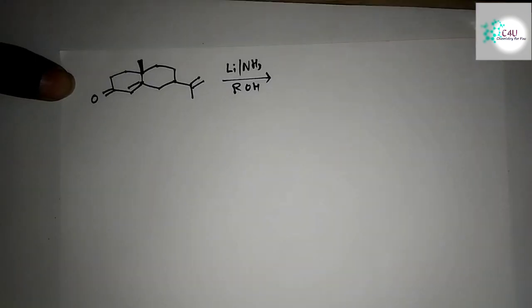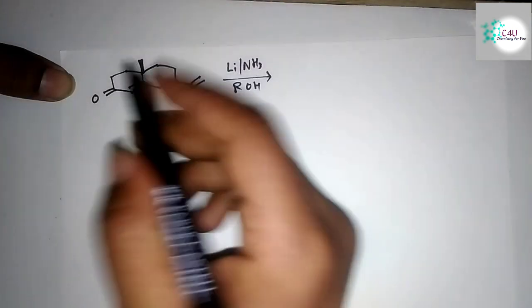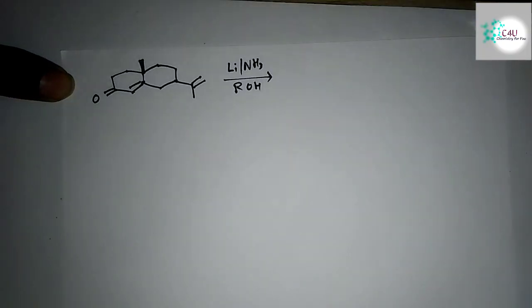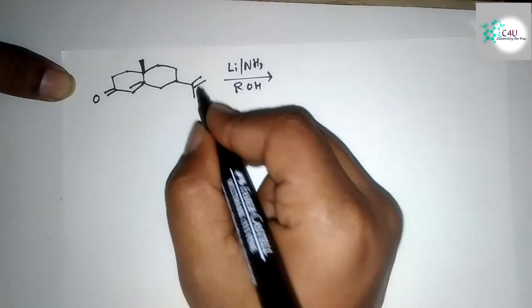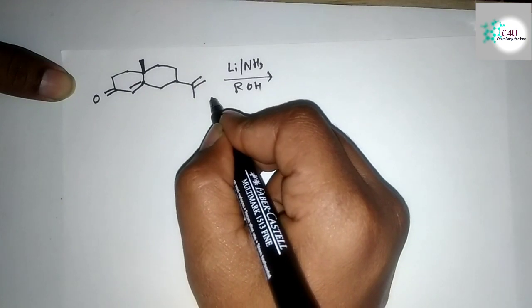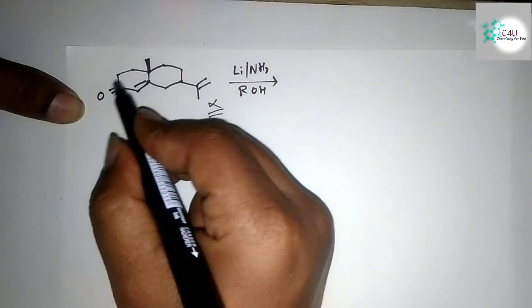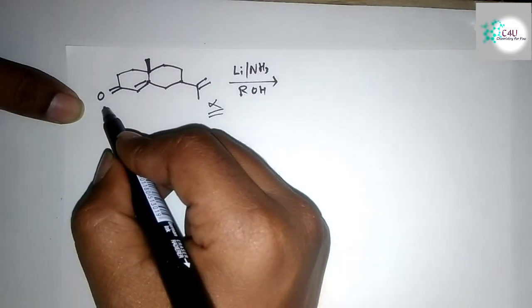So okay, here we have the example where two cyclic rings are there. We have one enone system and an isolated double bond. As we saw in our previous examples, an isolated double bond is not going to reduce under the Birch conditions, so this remains the same. It is not going to be reduced. And then this enone, as we saw in the last example, is going to reduce to a ketone form.